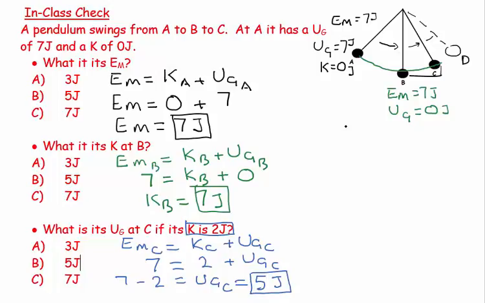By the same token, I could give you the height. I could tell you the gravitational potential energy. I could not tell you the kinetic energy and ask you for the velocity at point C. I could give you the velocity and the height at point A, and then have you work out from those two what the mechanical energy is.